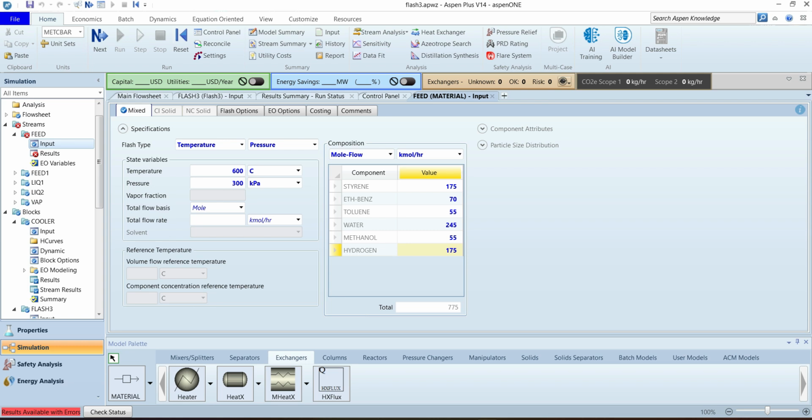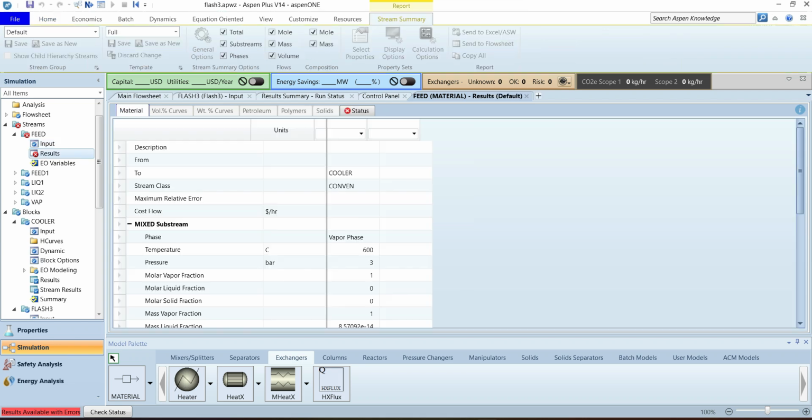To me it looks like Aspen tried to determine the dew points and bubble points and performed the flash calculations for this stream to determine the vapor fraction. However, it could not. Since we are aware that 600 degrees Celsius is a very exaggerated temperature and we are not expecting any liquid phase for this system, let's have a look at the results as of now. It says that it's already in the vapor phase.